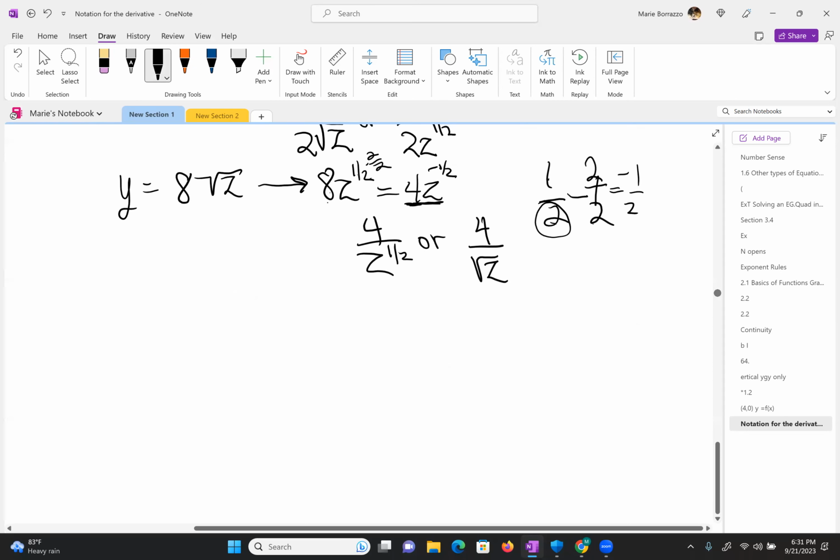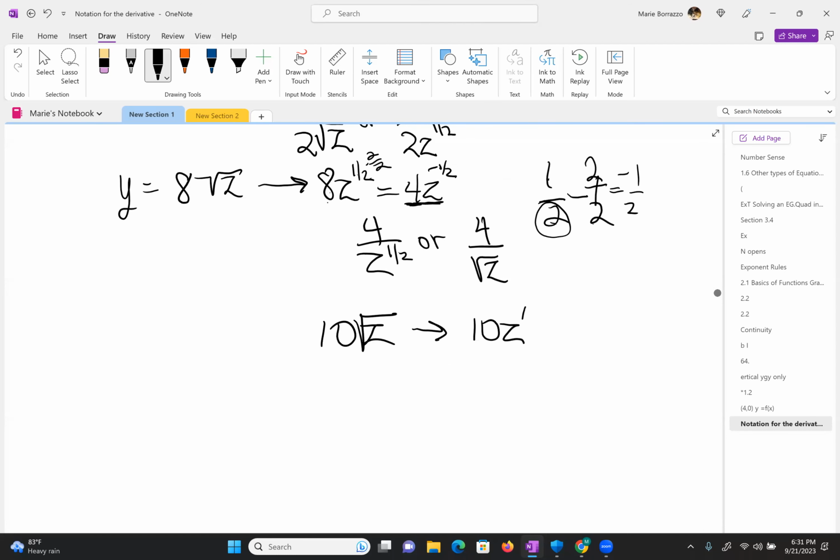Let's do a similar example. So I'll do 10 square root of z. If I do 10 square root of z, is it true that I'm going to write it as 10z to the 1/2? Yes. Okay, what's 1/2 times 10? 5. Okay, I'm taking away 1.